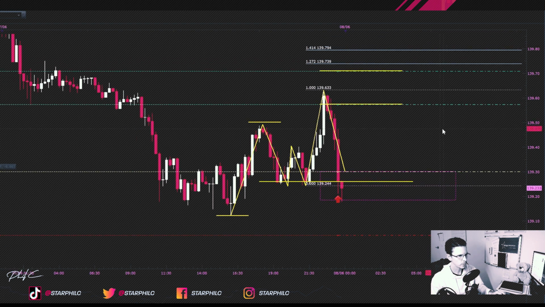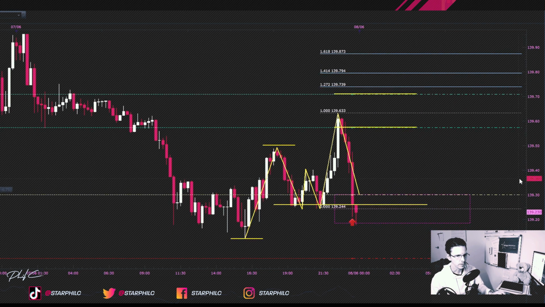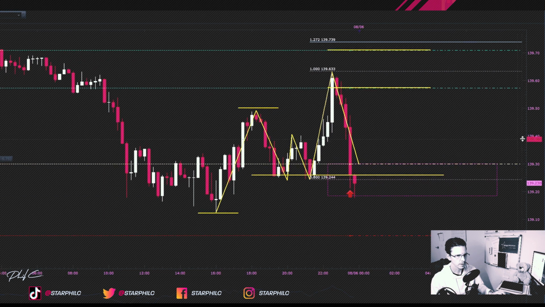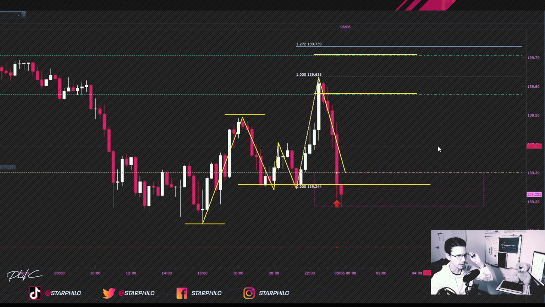And I'll tell you what, if we get a move right up here, if I'm awake, I might be able to get a short opportunity with that W formation as well. Okay, so that's my trend continuation trade. What I'll do is pause this and we'll come back to it and see how this plays out.